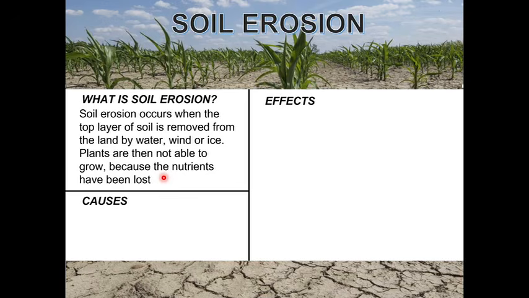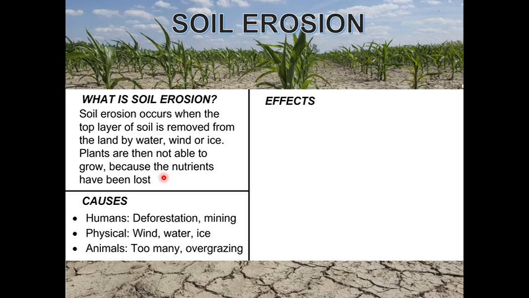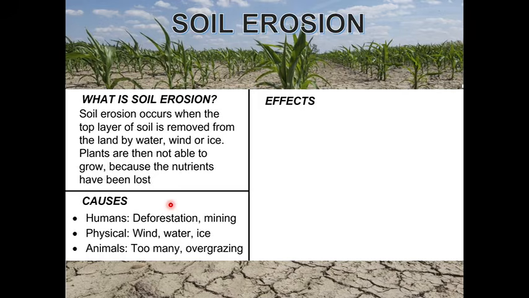Okay, now let's have a look at the causes of soil erosion. And that's very important. Now there are basically three causes. Firstly, we as humans. And I'm just mentioning two or three examples of each. There are much more, of course. Think of things like deforestation, mining, where we actually cause the soil erosion.